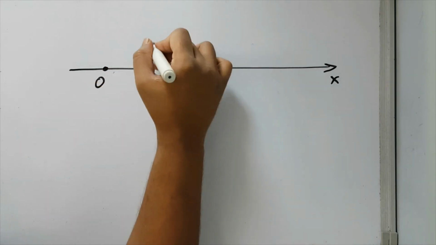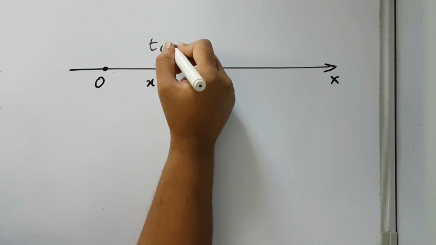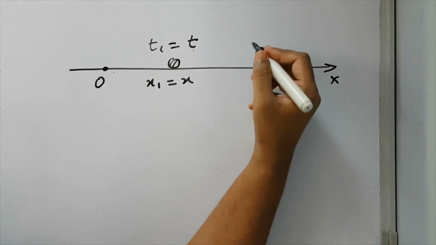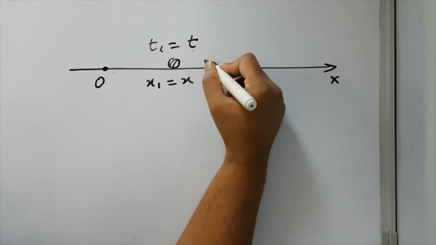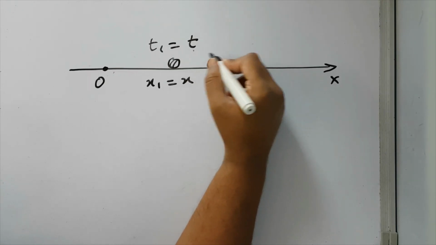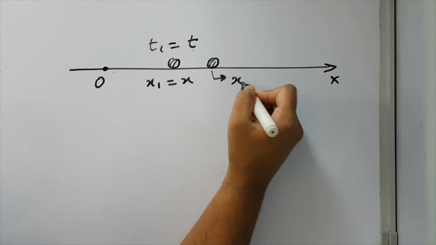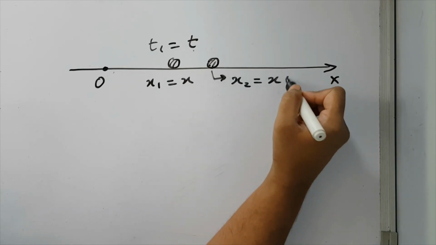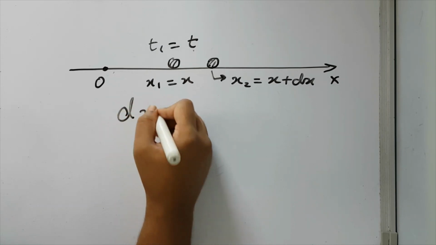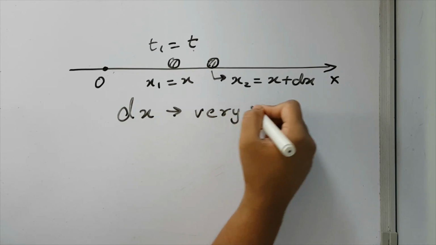I'll call this time as t1 and this position as x1, and t1 is equal to t and x1 is equal to x, and I'll just change the time by very small amount, so you could see that the particle virtually moves a very small distance. And let's call this position as x2, which is x plus dx. Now what is dx? When I say dx, this also means change in x, but this change is very small.